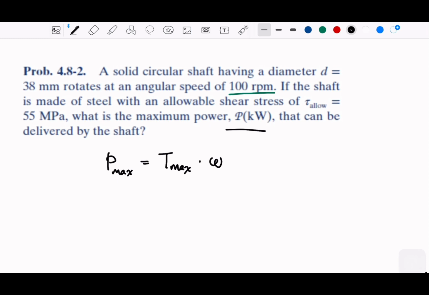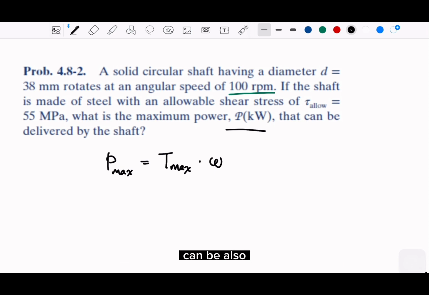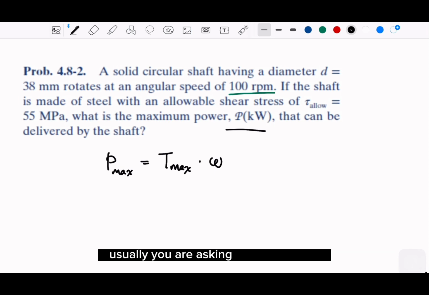Okay. And from this type of question, perhaps the question is not only about this, it can also be related to the previous problems. For example, in the previous problems, usually you are asked to find the torque or find the angle, right?